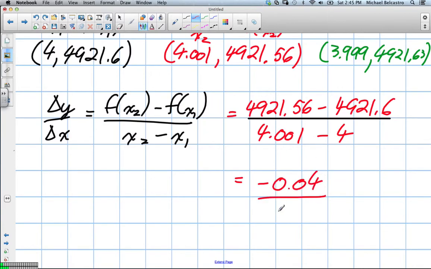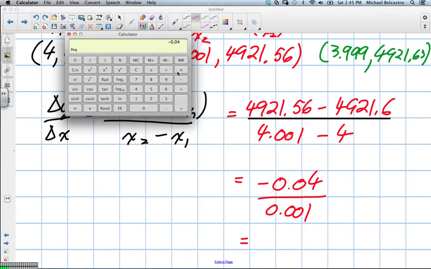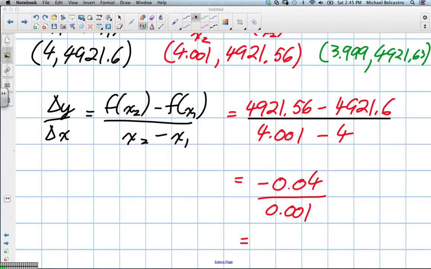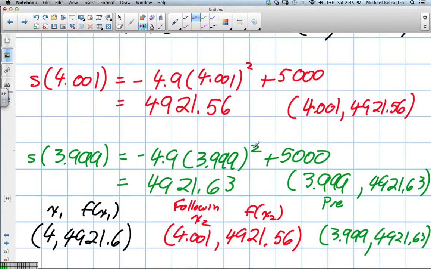And in this one, we're going to get positive 0.001 on the bottom when I subtract those two terms. So then we divide to find out our instantaneous rate of change. Divide negative 0.04 by 0.001, negative 40. Because we rounded, we're probably going to end up with roughly the same answers. So negative 40 following. So that's our rate of change. What do we say? Red is following.